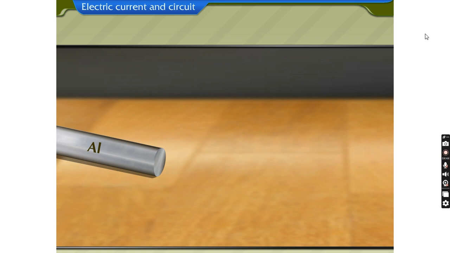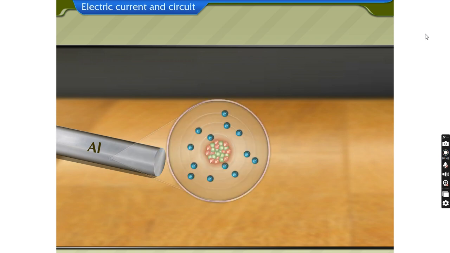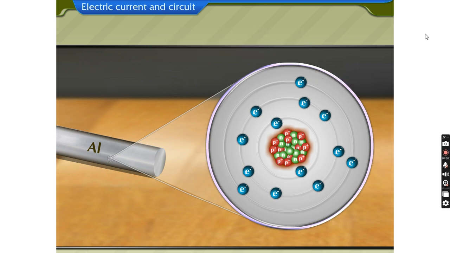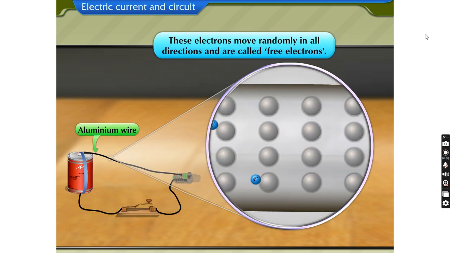In some substances, like metals, the electrons in the outermost orbit are loosely bound to the nucleus and can easily be detached from the atom. These electrons move randomly in all directions and are called free electrons.